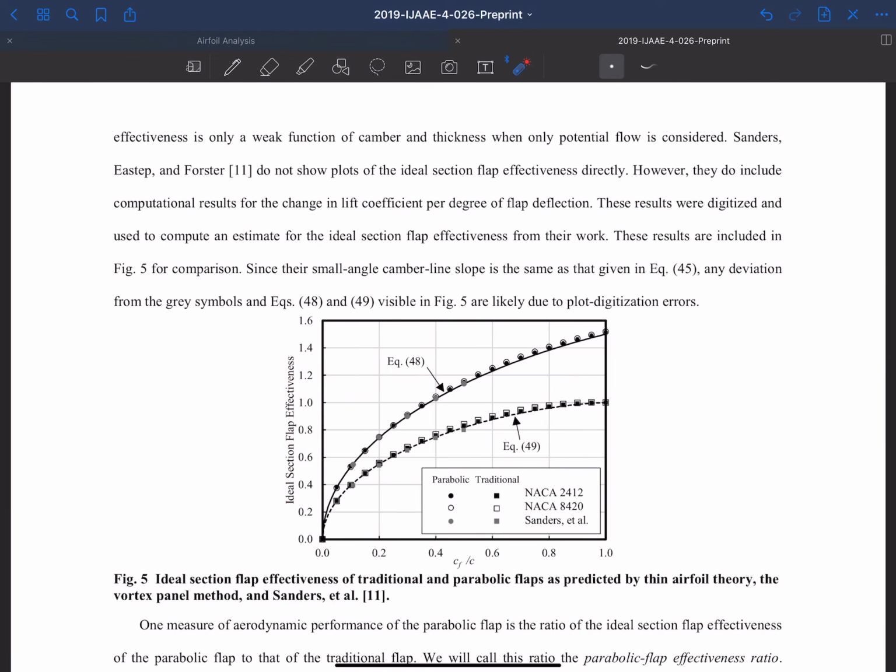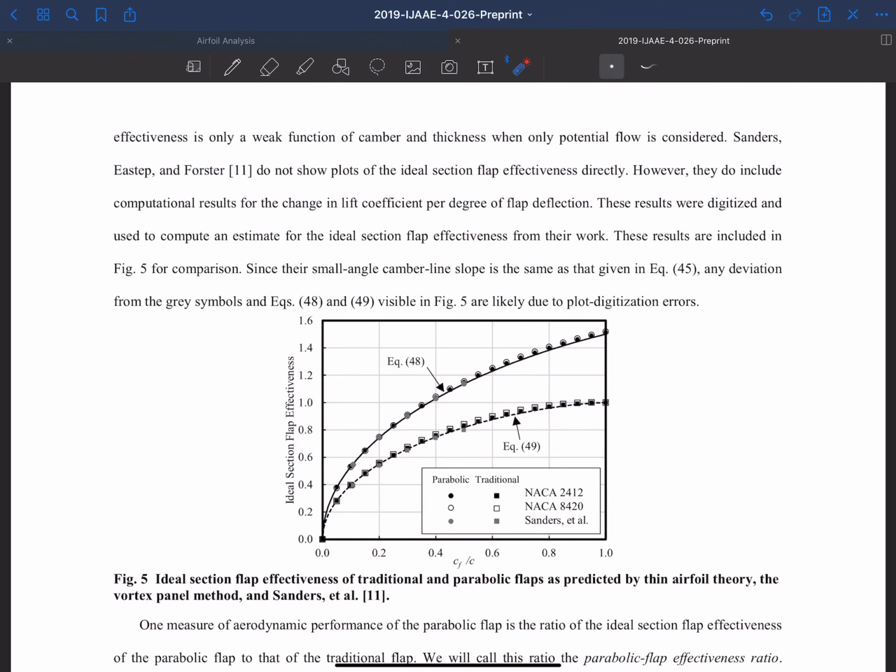Just a reminder, the ideal section flap effectiveness tells us that for every degree of deflection, how much does that move my zero lift angle of attack? One of the easiest ways to think about that is if our whole chord was the flap, so cf over c is equal to 1. If we rotated that traditional flap by 1 degree, then our effectiveness is 1.